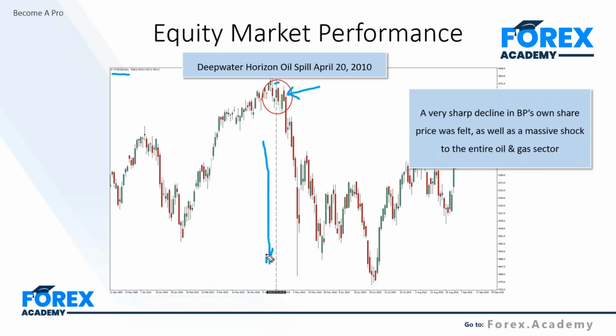Okay, and this is effectively what we see, guys. With such heavy weighting on the UK equity markets, the FTSE was sent spiraling just after. Okay, so that's how we can really use one example to explain how significant equity market performance is.